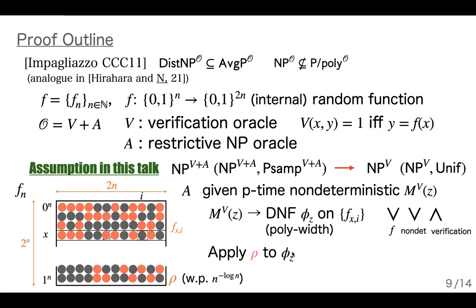If the answer is determined, then A outputs the same answer. But if the answer is not determined, then A outputs a special symbol, bot. And if the answer is determined, then this output must be correct.